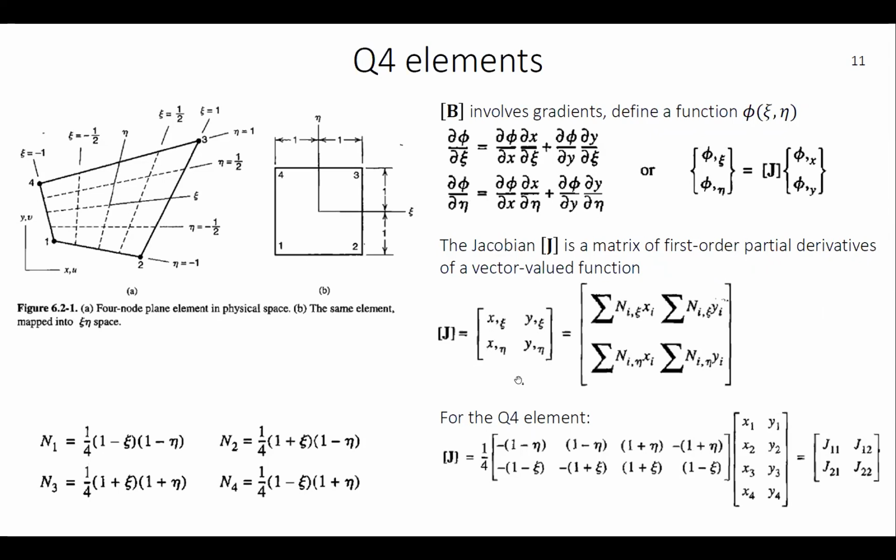which can be written as a summation of the shape functions, or the derivative of the shape functions times its coordinates, in a similar way that we did with the three-noded bar element.